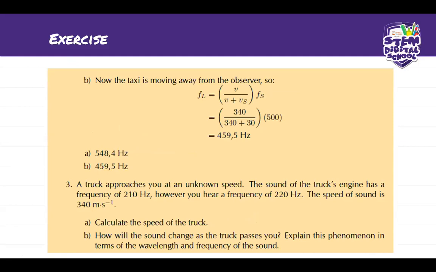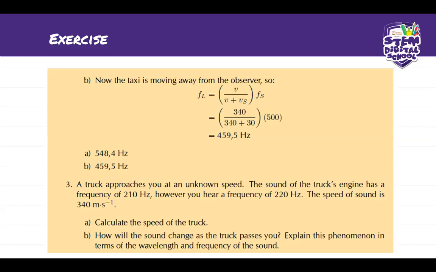The only thing that changes is the speed of the source, the sign. It becomes positive. Nothing else changes, guys. So it's going to be 340 divided by 340 plus 30, multiplied by the 500 that was given to us, and that will be 459.5.